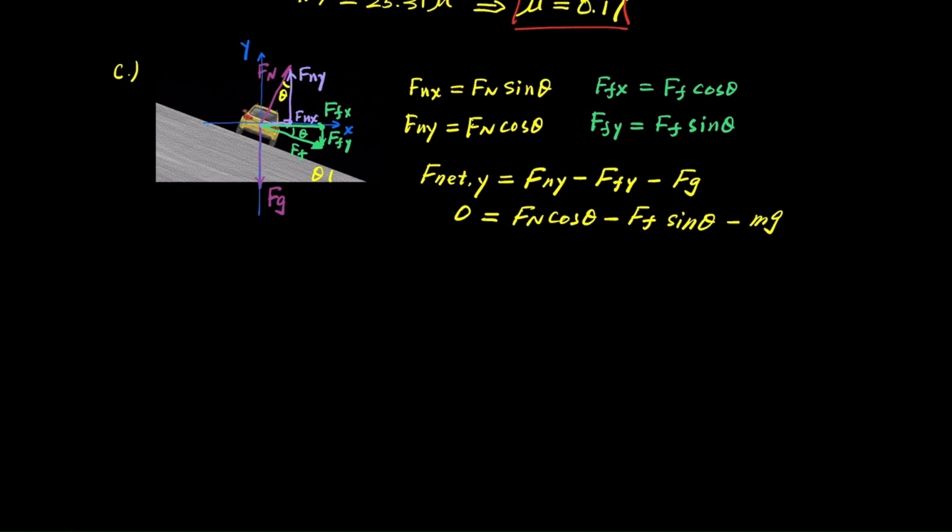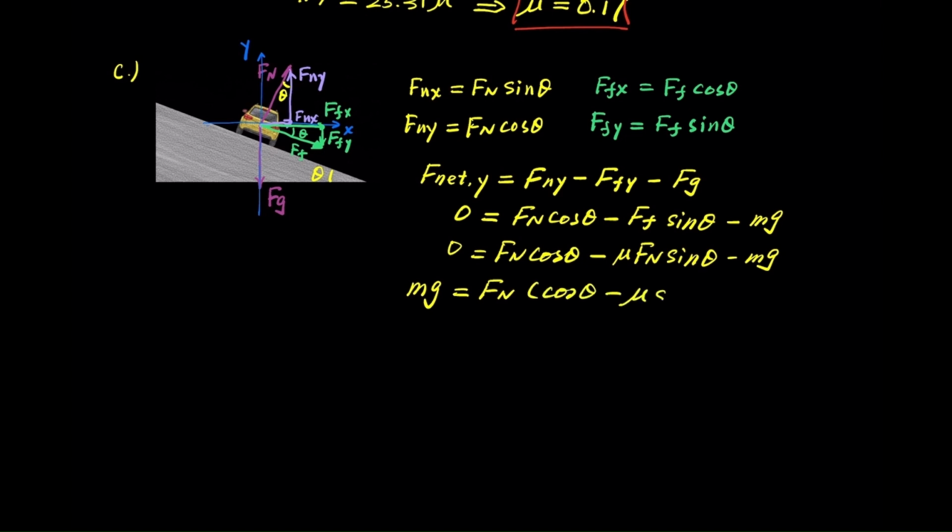Now we replace Ff with mu Fn. So we have 0 equals Fn cosine theta minus mu Fn sine theta minus mg. Moving mg to the left side, we have mg equals Fn times cosine theta minus mu sine theta, where on the right side I factor out the Fn.